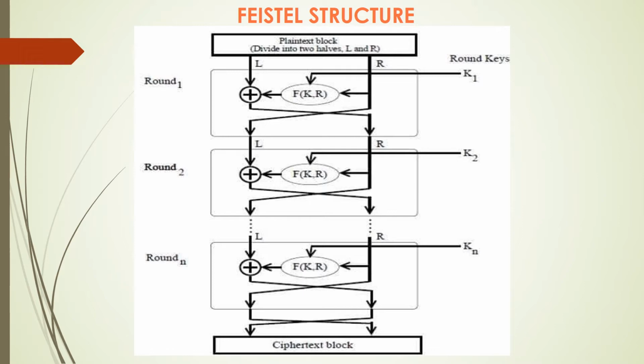The process of converting plain text to ciphertext will be done in a number of rounds. The number of rounds used depends upon the algorithm used. So each algorithm will have a different number of rounds. If any plain text follows this structure, then we call it Feistel structure.